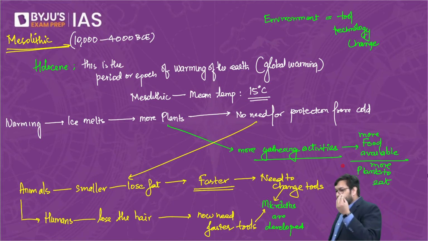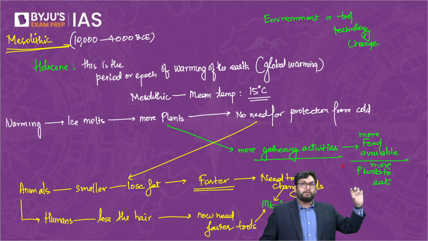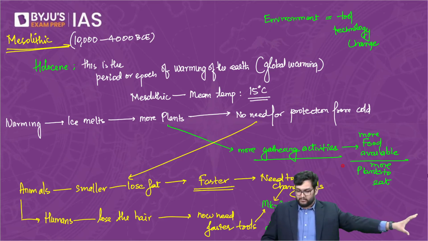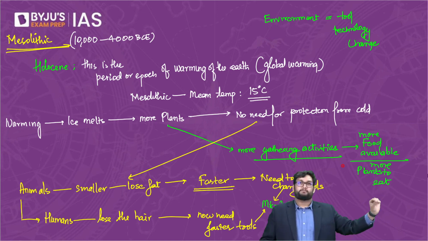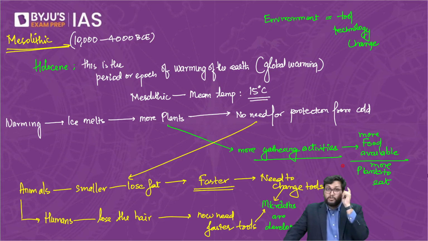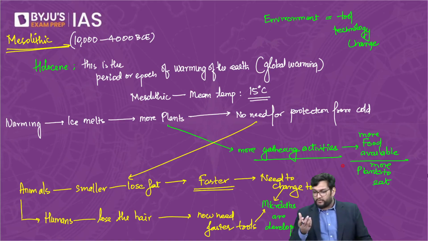This is basically logic, that because the tool was very big, you can't use it. Now you have to make a smaller tool. And that ability to do problem solving is called cognitive ability. So, okay, I can't run with this tool, so I need to develop a smaller tool.